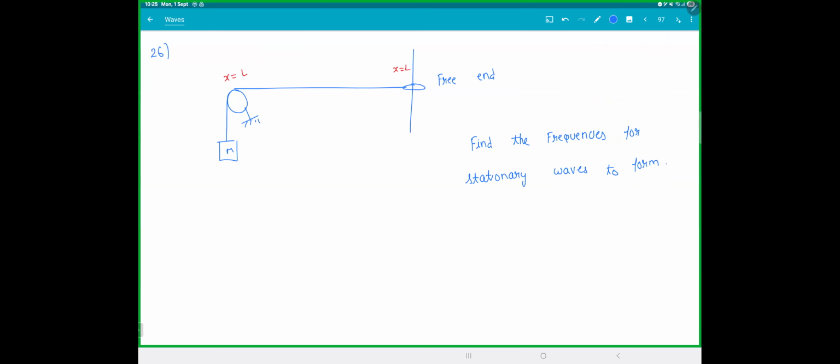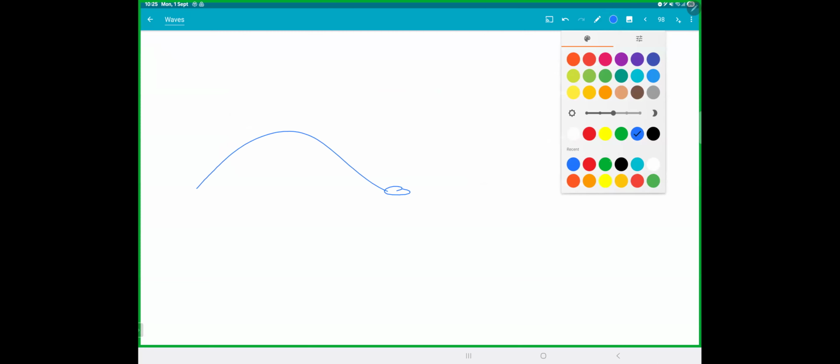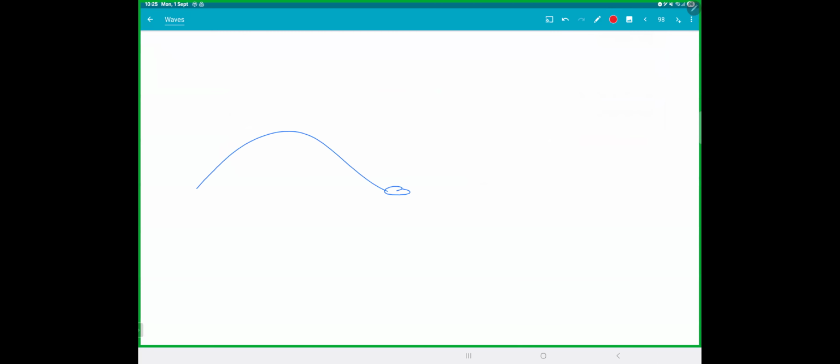Think about it. The fixed end is what? A node, because it can never move. What about a free end? Think about it. Let's say a wave is coming to a free end. When the wave gets reflected, how will the picture look? This will be like this, and the reflected will be like this, isn't it? So what will be the amplitude then?